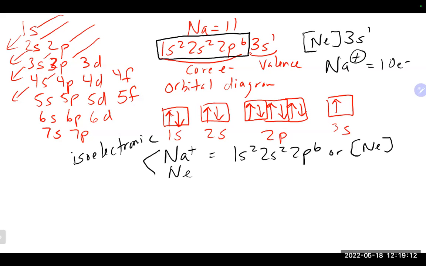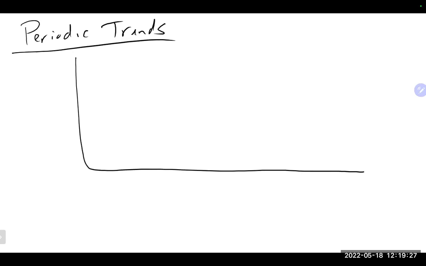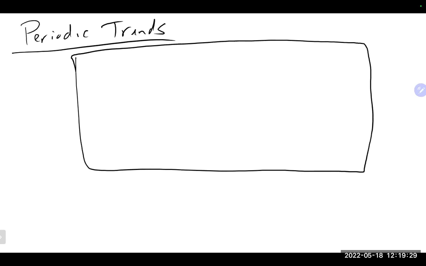We also talked about, I think in this chapter as well, towards the end, some periodic trends when we were doing those experiments. So we talked about some periodic trends. And one of the ones we talked about was size.